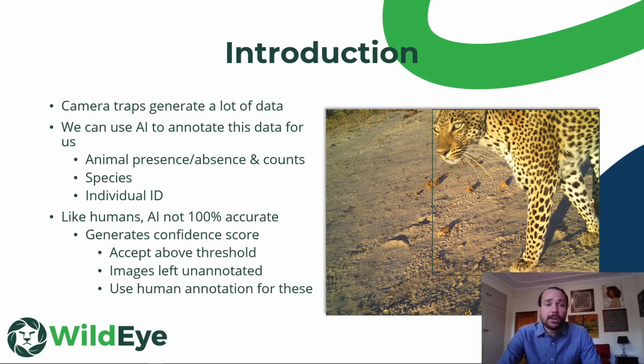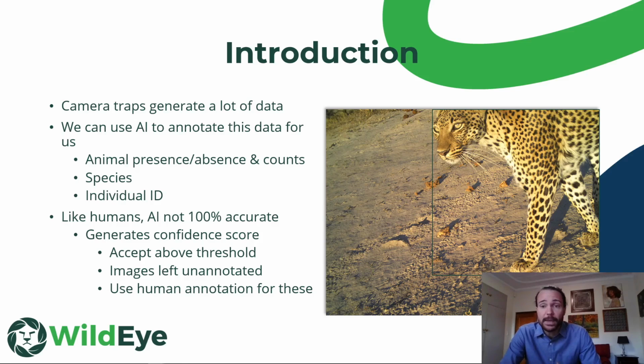So the basic idea is that obviously camera traps generate a lot of data. So we want to be able to annotate all this data automatically using artificial intelligence. So we actually use separate AIs for each step in that process. So firstly, we need to detect the presence of animals.